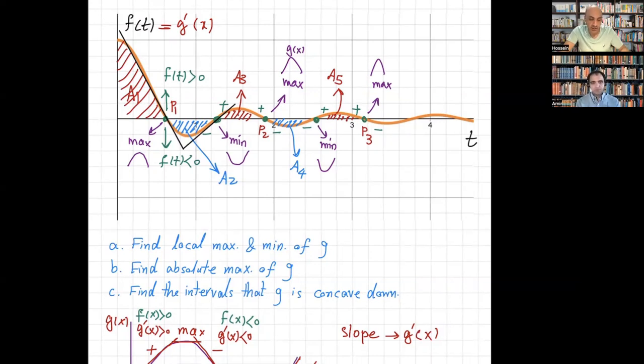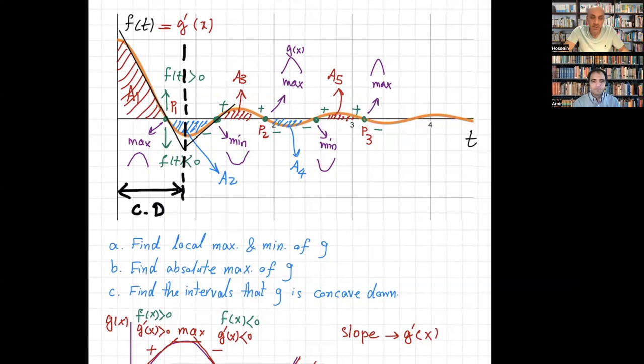As a result, g of X is concave down. I'm going to write that down. So this is the interval where g of X is concave down. And in that interval, f of x is descending, or decreasing, when you move from left to right.